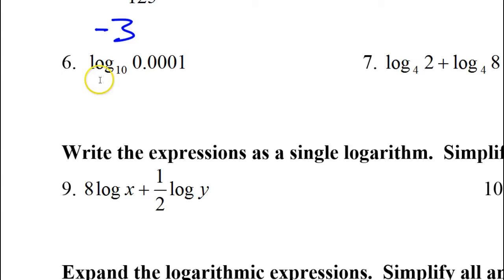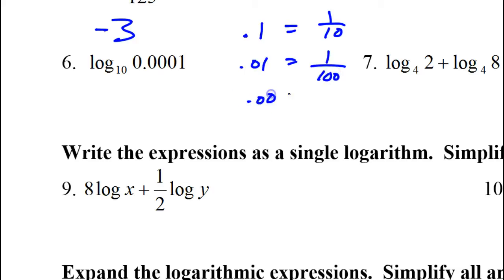Okay, to do number 6, we really need to write this decimal as a fraction. So remember your place value, guys. Remember that if I have 0.1, isn't that the same thing as 1/10? And if I have 0.01, that's 1/100th. If I have 0.001, that's 1/1000th.